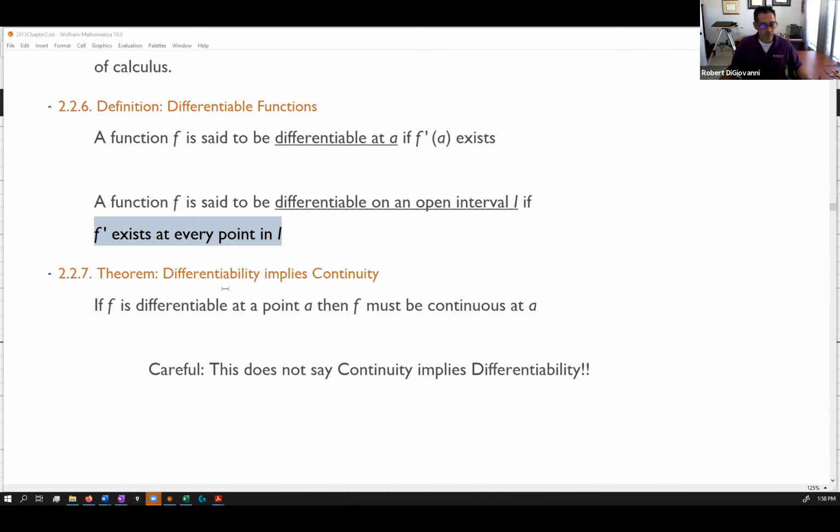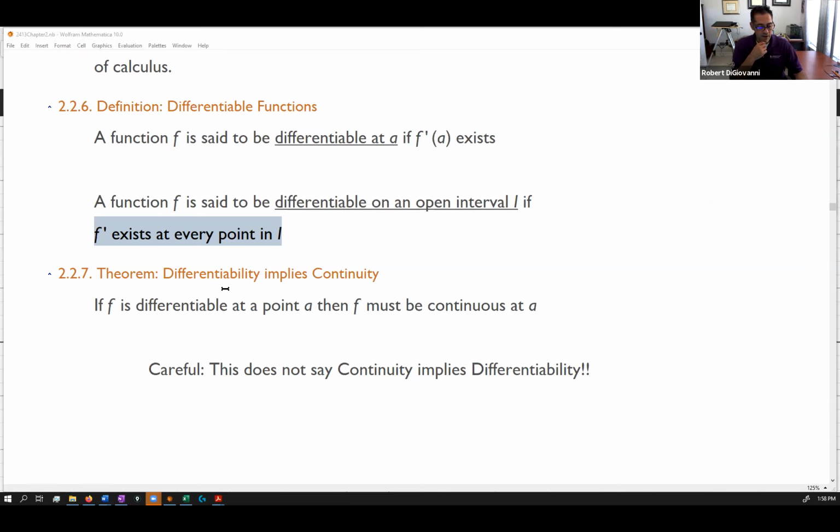Differentiability implies continuity. So remember continuity, a few sections ago, and y'all didn't like it. I told you I don't even like that section. Continuity is the idea of drawing a function without picking up your pencil. Can you draw the function and not pick up your pencil? Differentiability implies continuity.